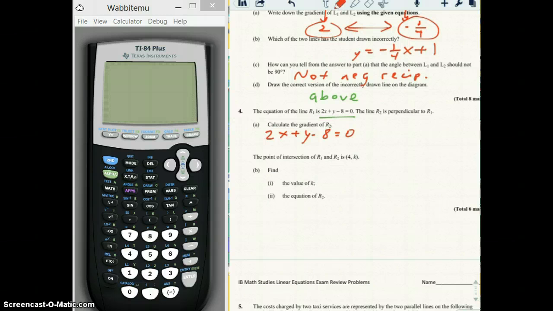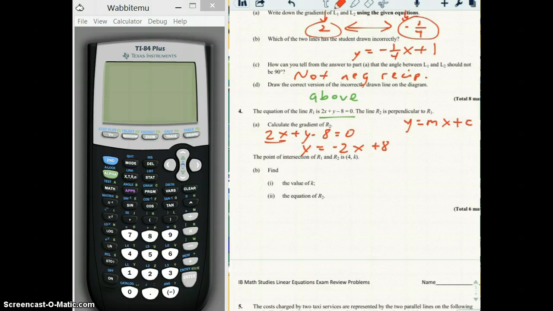So we're going to put it in gradient intercept form, which would be y equals mx plus c. So let's get in this form. So y is already here. Move 2x to the other side. Move negative 8 to the other side. Okay, so we subtract 2x from both sides.